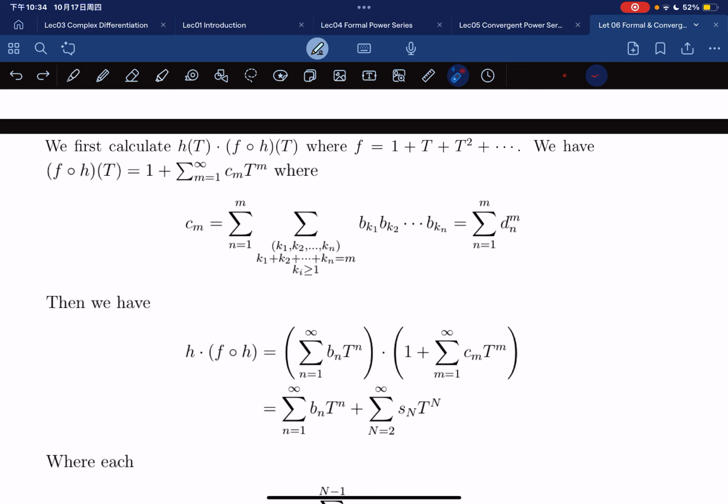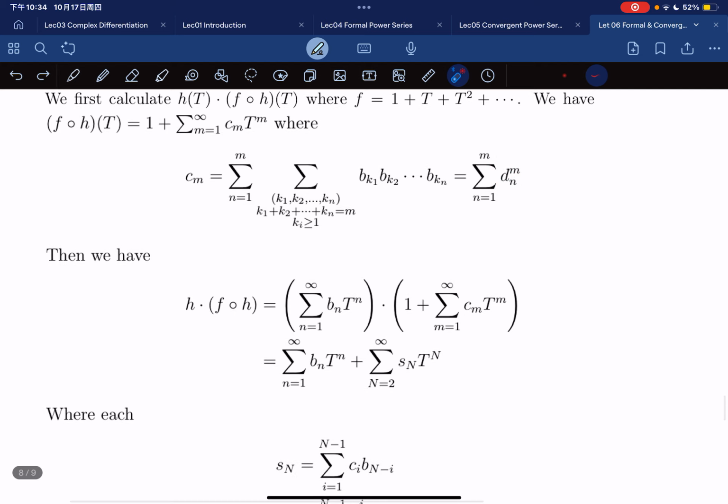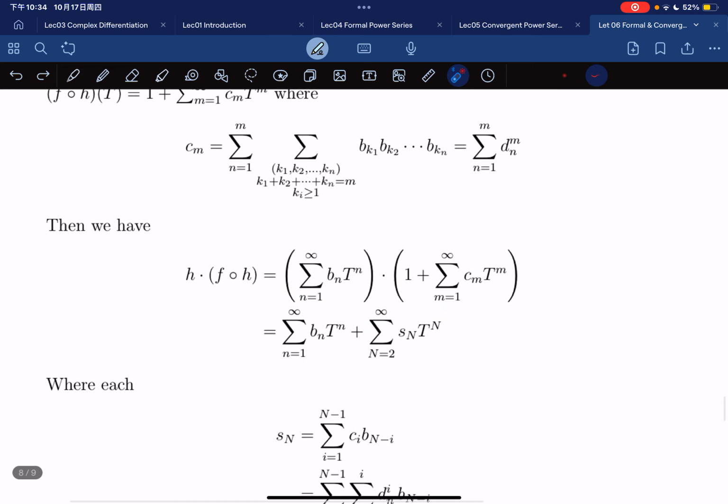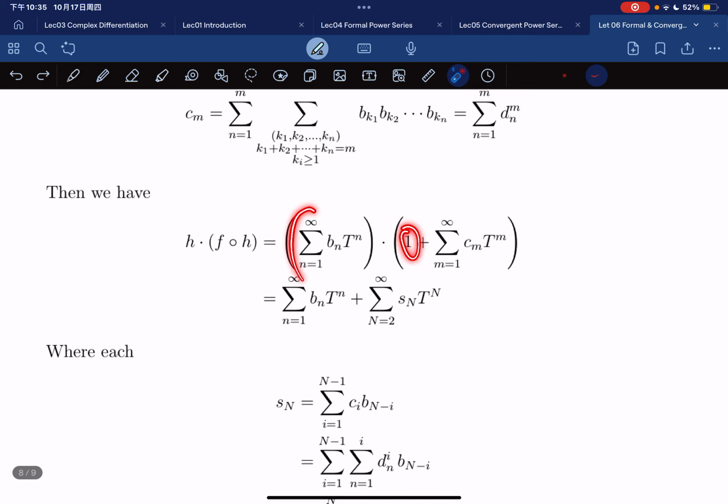So we first calculate this. And again, we have f of h and each c_m is equal to, remember before we have a_n, right? But now all a_n is equal to 1 because this is how f is written, right? So it's just d_nm, right? n numbers add up to m. Okay, so now it's correct. So then we have h multiplied by this, which is this multiplied by this, and by the distributive property of the formal power series addition and product, right? We can do the associativity, which is this plus these two multiplied together, right?